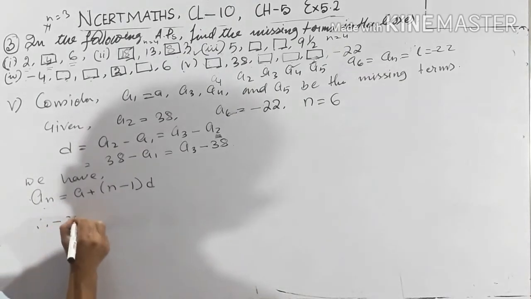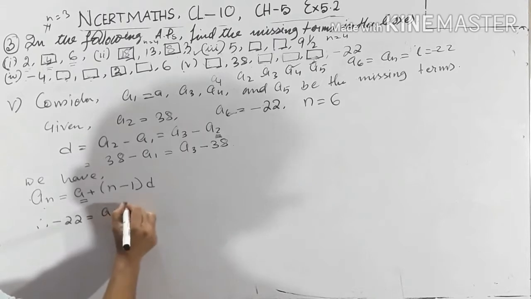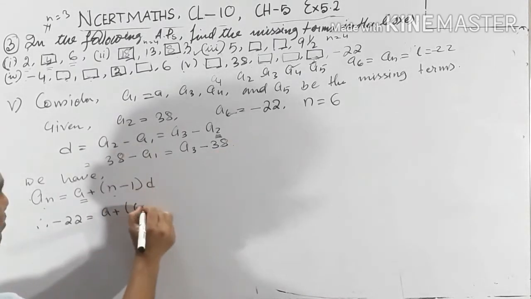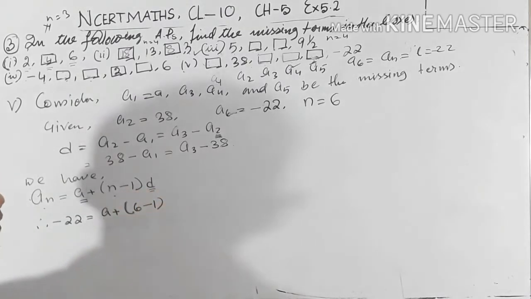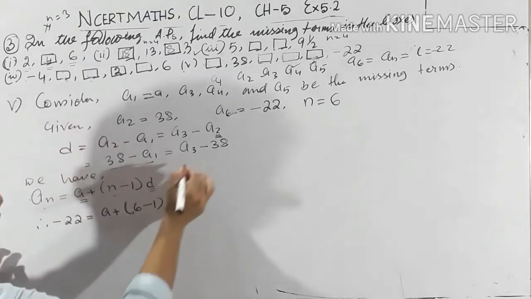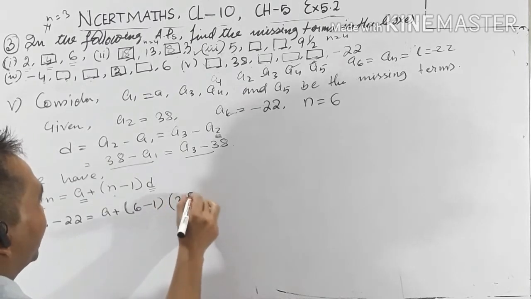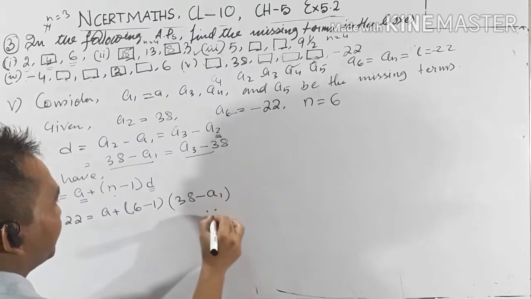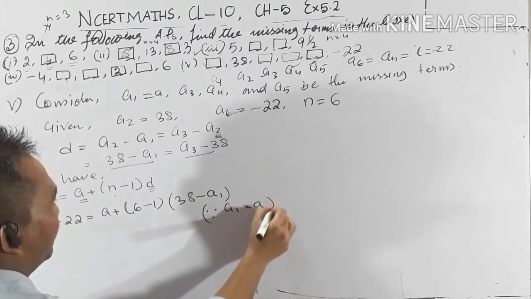Minus 22 equals, the first term is not given. The number of terms, n, is 6 minus 1. d is not given, right? Since we are going to find the first term, let us consider this: times 38 minus A1, since A1 equals A, alright?